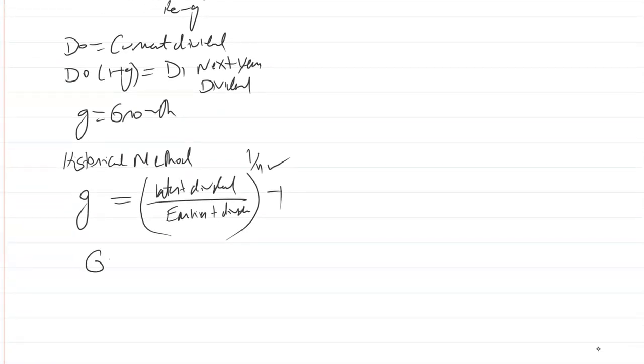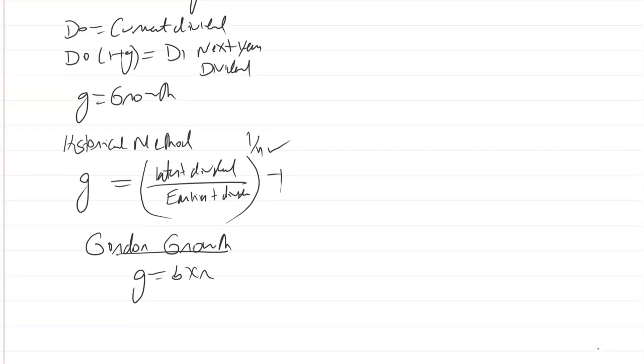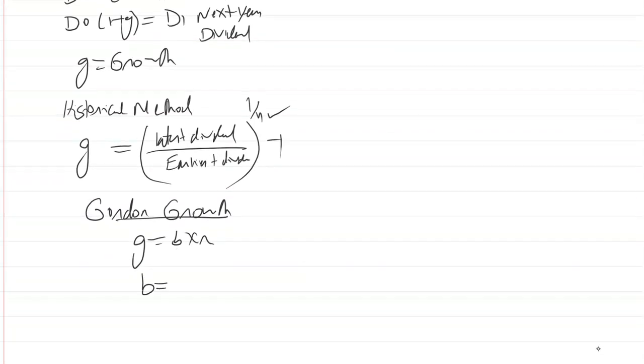Second formula is Gordon growth model. In Gordon growth model, formula is G is equal to B into R. And remember, B is 1 minus payout ratio. Dividend per share divided by earning per share is dividend payout ratio. And R is return on equity, ROE.